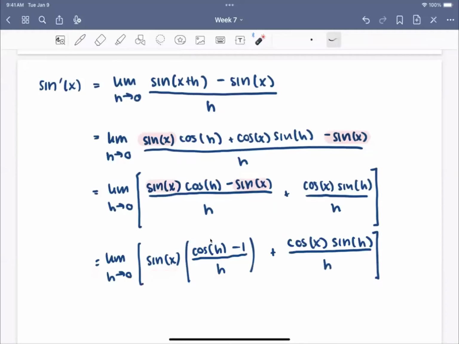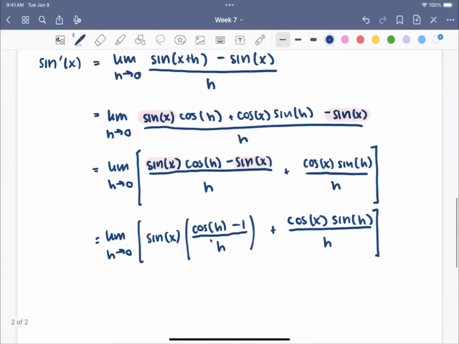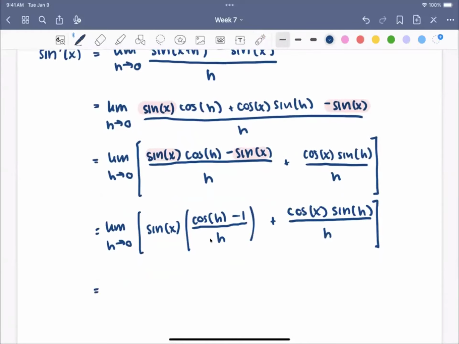And if you think about it, the limit involves the variable h. So from the point of view of h, this is just a constant. So I can pull this out of the limit. I'm going to do two things simultaneously.